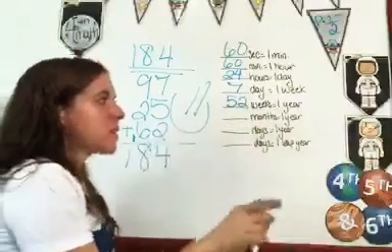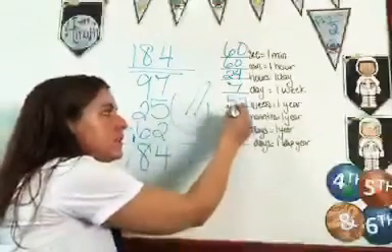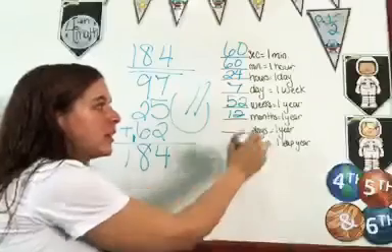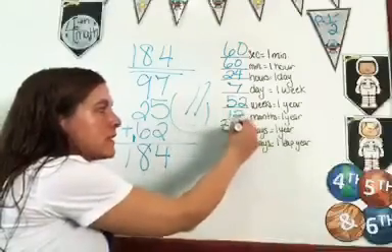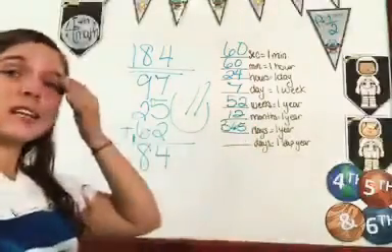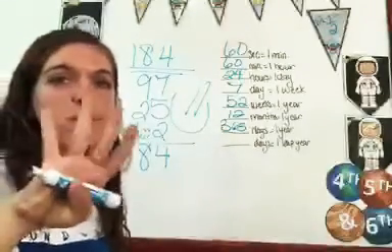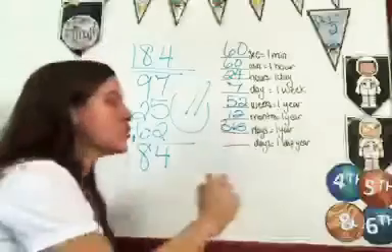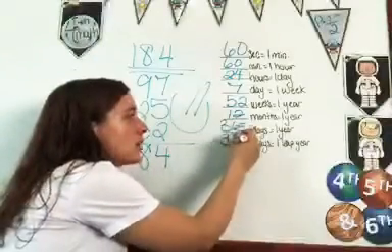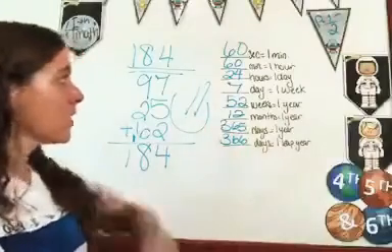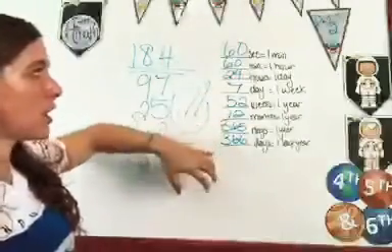How many months are in a year? 12. And how many days are in a year? 365. How many days are in a leap year? That's an año bisiesto. That comes every 4 years. There's an extra day, so 366. There you go.